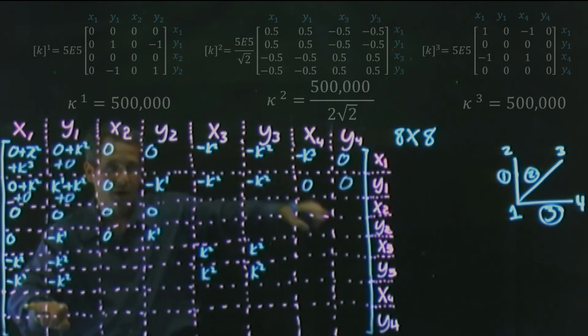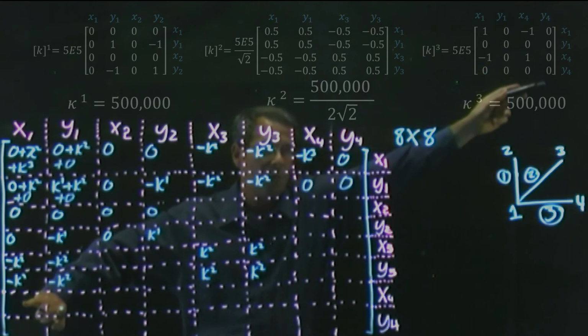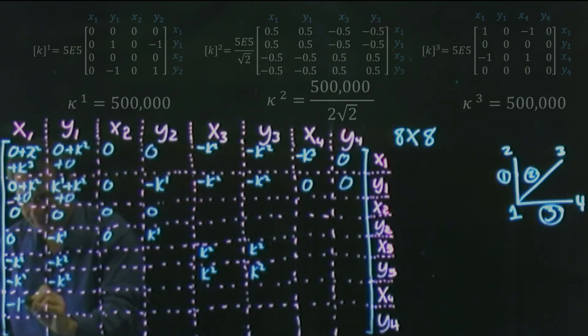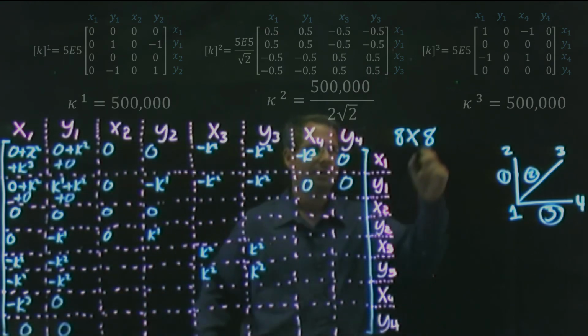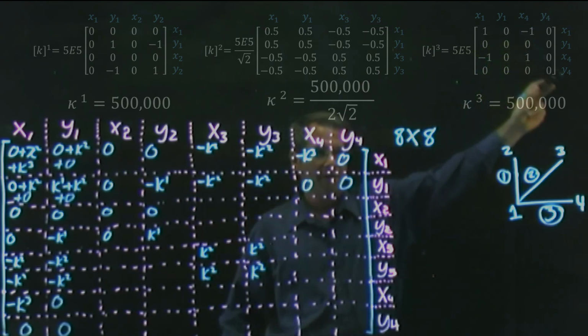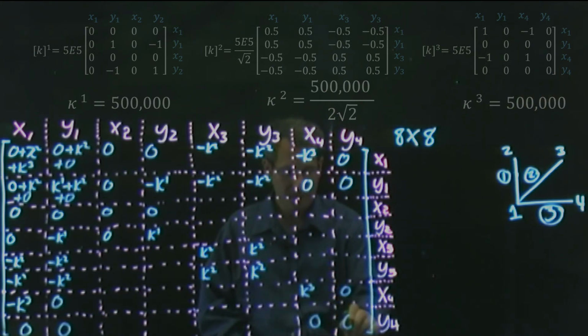Here from x4, y4, x4, y4, the only thing here is a negative 1. That'll be negative kappa 3, negative kappa 3. Looks like everything else will be zeros. And then finally, here in columns x4, y4, rows x4, y4, I will have a kappa 3, 0, 0.